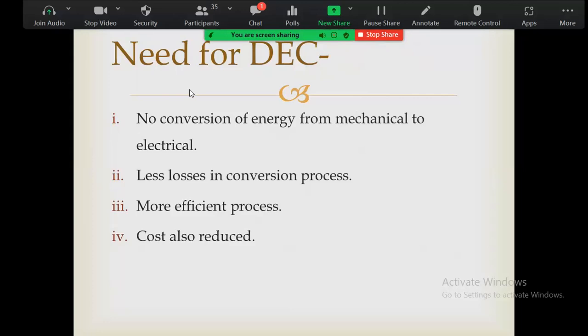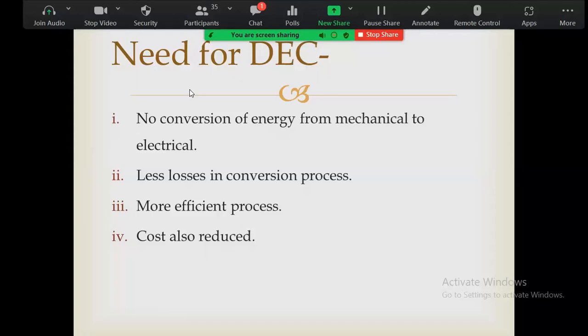So next, we are avoiding frictional losses. We are avoiding the intermediary stages that are present in the indirect energy conversion process. So what will the losses be in direct energy conversion, more or less? Less. Definitely those stages are avoided.